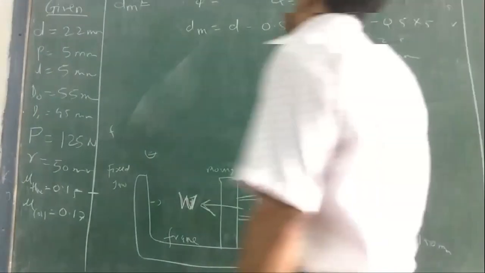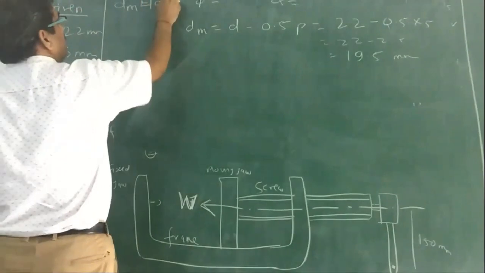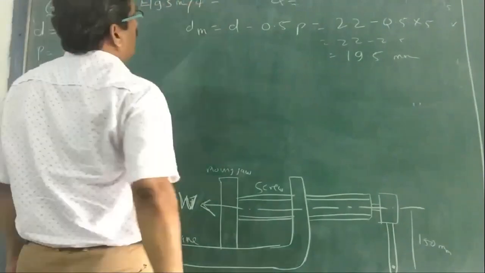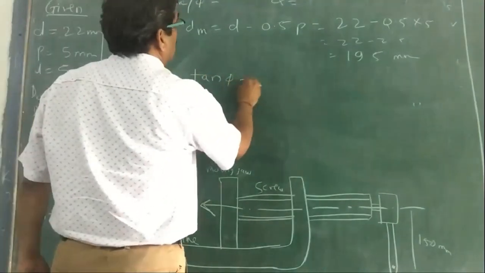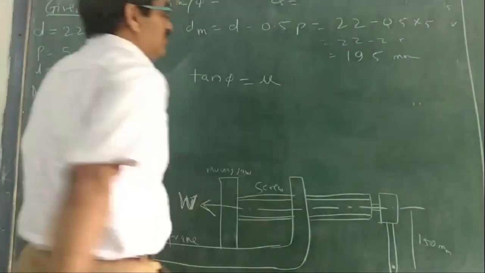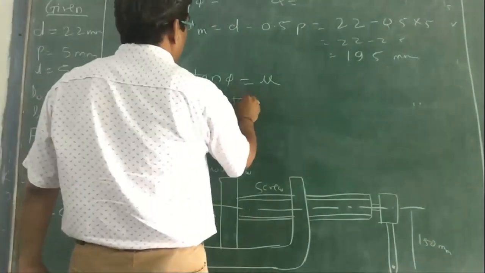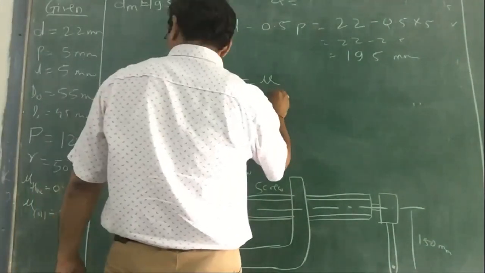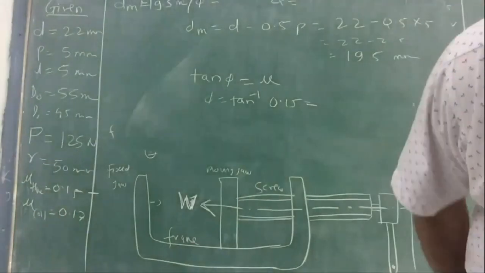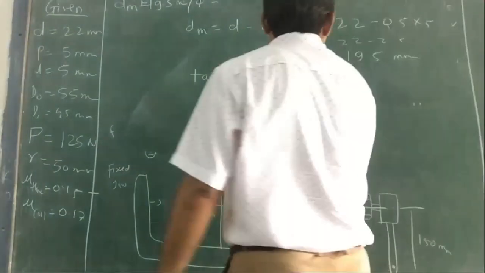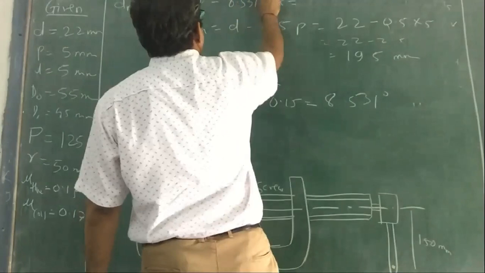Okay. Now to find phi and alpha, we have this 19.5 mm. Phi is what? Tan phi is equal to mu. Mu is given as 0.15, so phi is equal to tan inverse of 0.15, that is phi is 8.531 degrees.